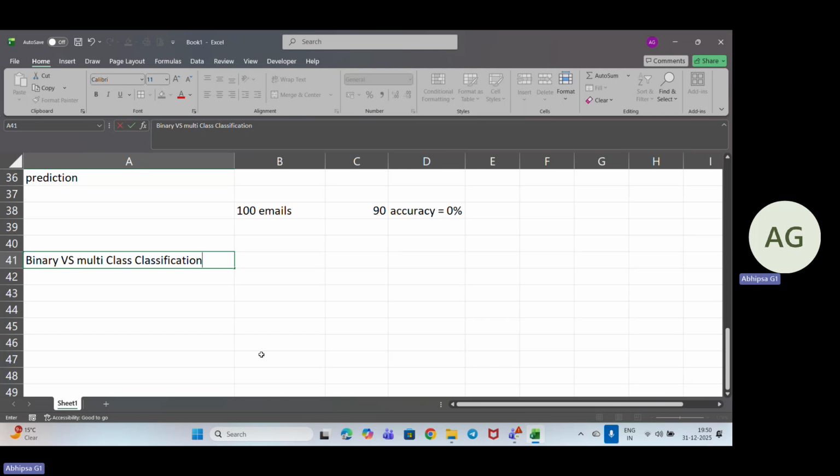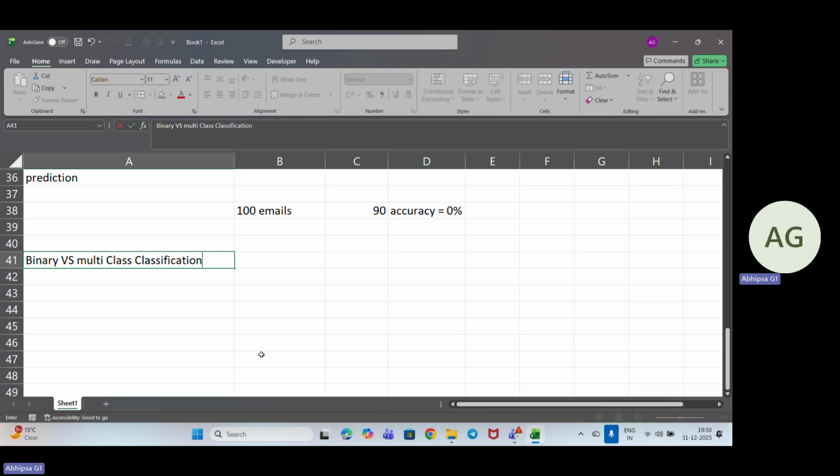So the model's job is to predict which flavor that child will choose. So there are more than two options. So it is a multi-class classification.